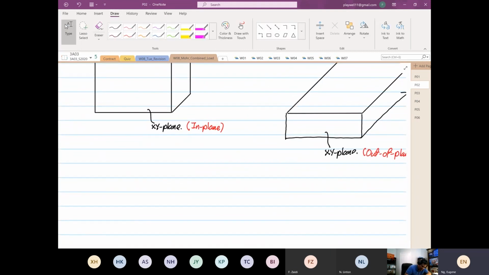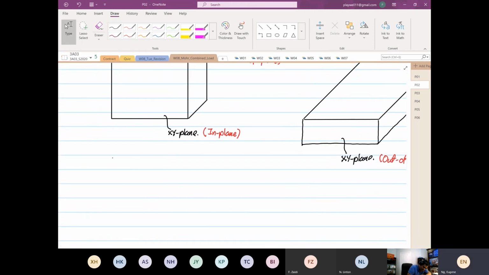So the plane with the largest surface area is the in plane.